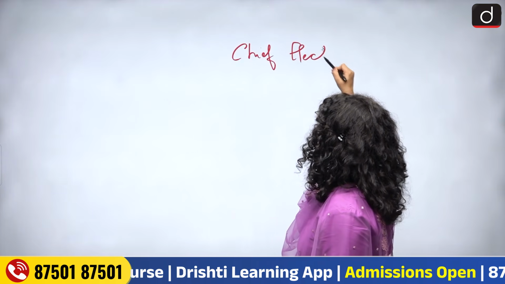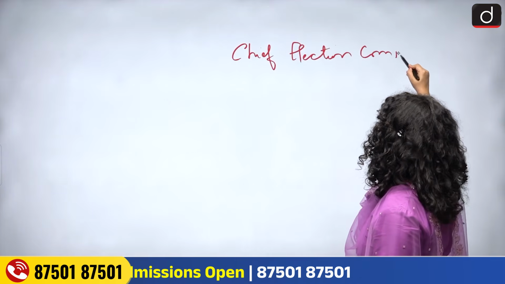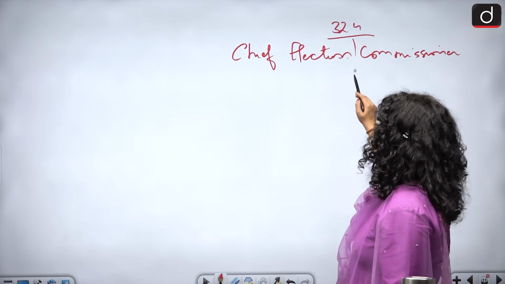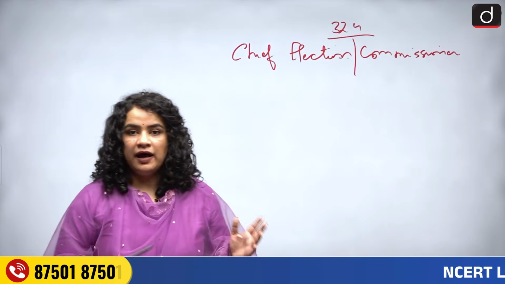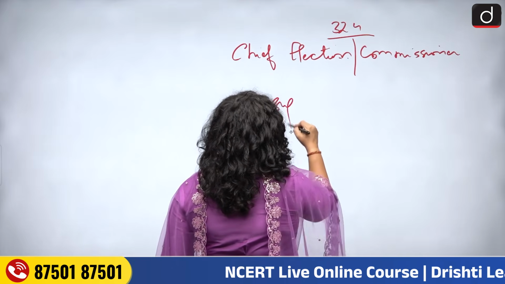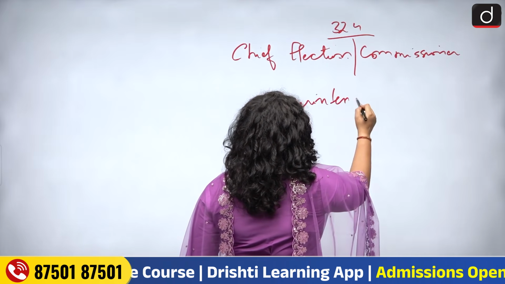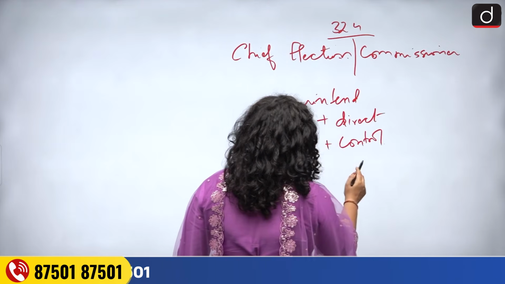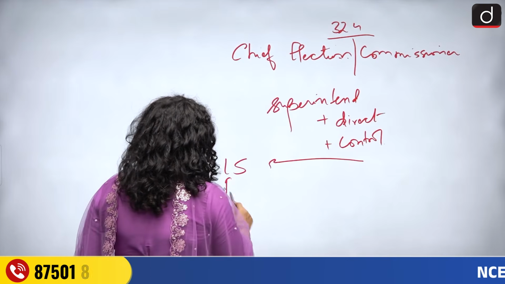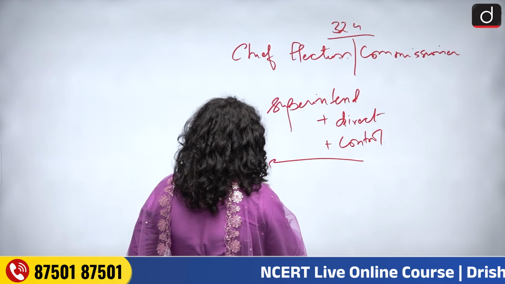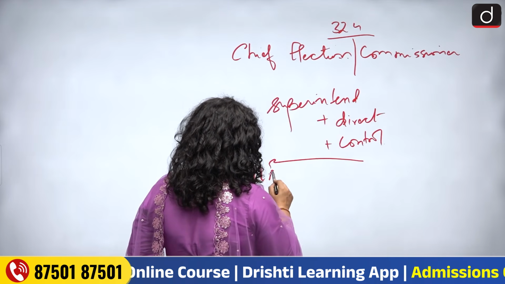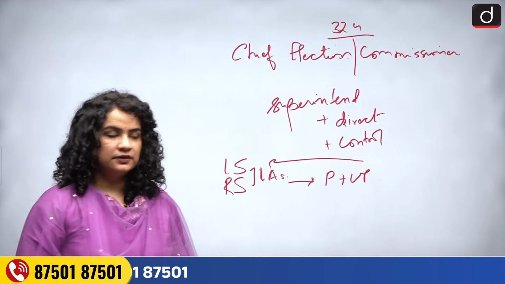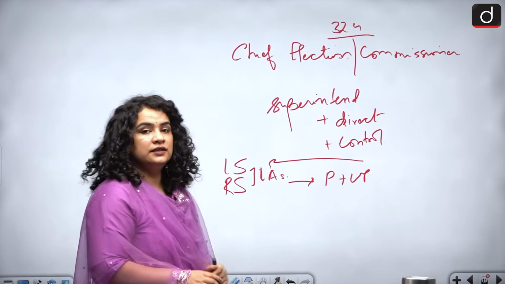Now we know that Article 324 of the Constitution vests in an Election Commission of India the power or the authority to superintend, direct and control the elections to the Lok Sabha, the Rajya Sabha, and of course the state legislative assemblies, along with the offices of the President and the Vice President. This power comes from Article 324.